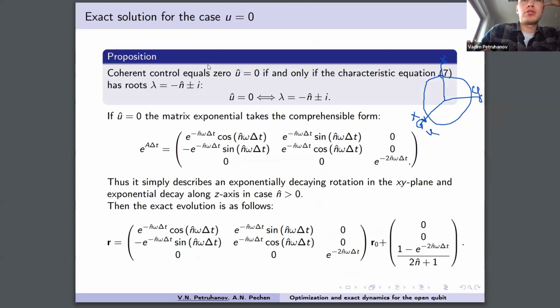So also we need to consider this case. Then coefficient control U equals 0, and here we have this kind of matrix exponential.